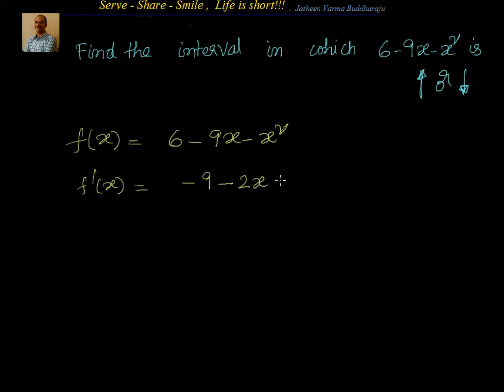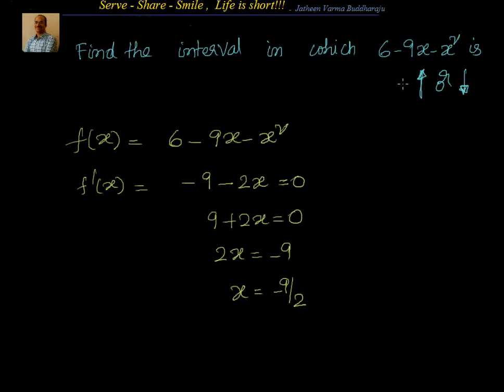Now we will equate this to 0 so that we can find the point that divides the total real number line into intervals. So we know minus 9 minus 2x equals 0, so 9 plus 2x is equal to 0, or 2x is equal to minus 9. That means x equals minus 9 by 2.